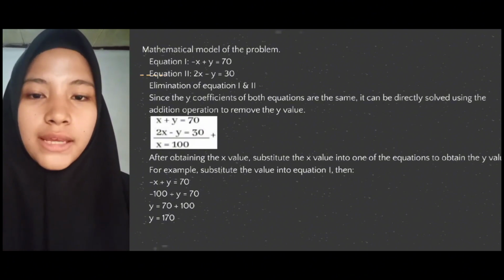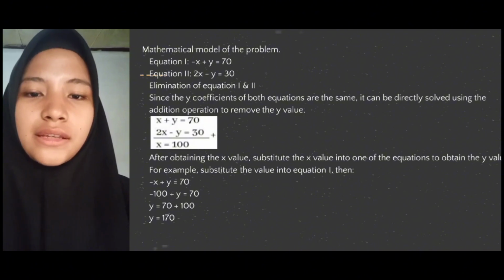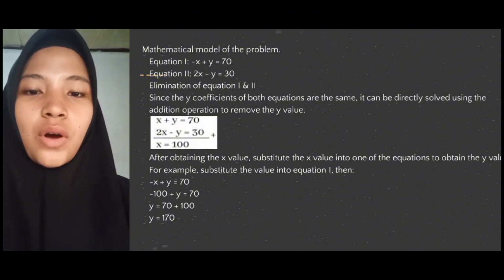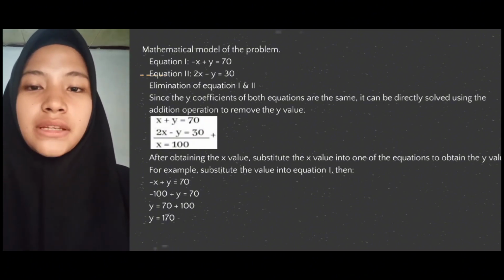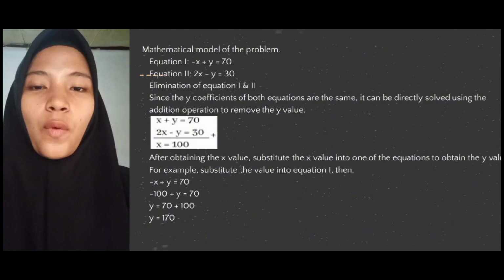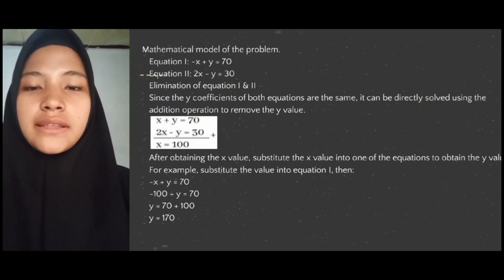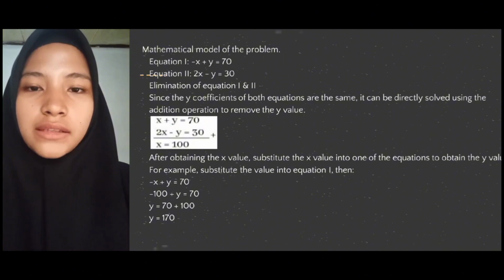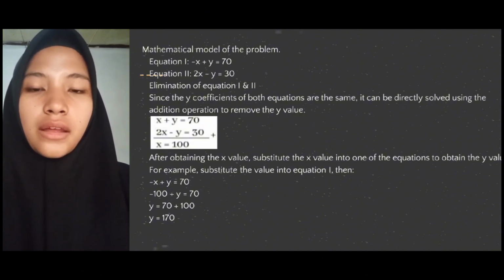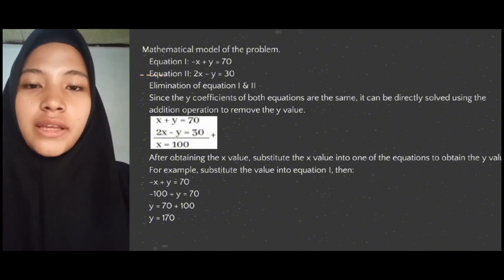Since the y coefficients of both equations are the same, it can be directly solved using the addition operation to remove the y value. Minus x plus y equals 70, plus 2x minus y equals 30.